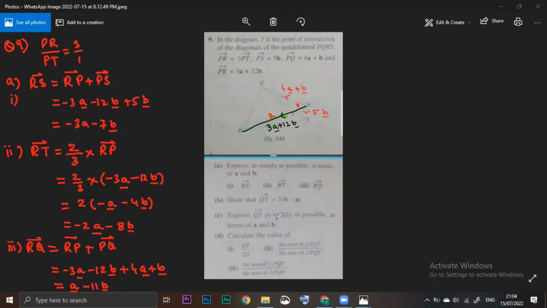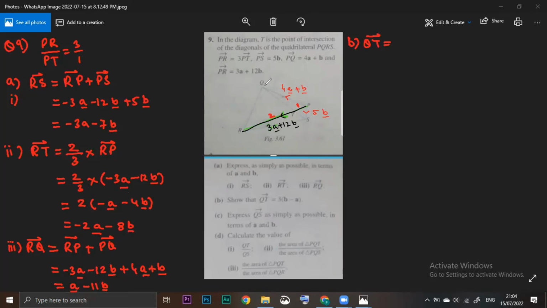Now part B is show that QT is equal to 3 bracket open, B minus A bracket close. Now part B is we want to find out QT.